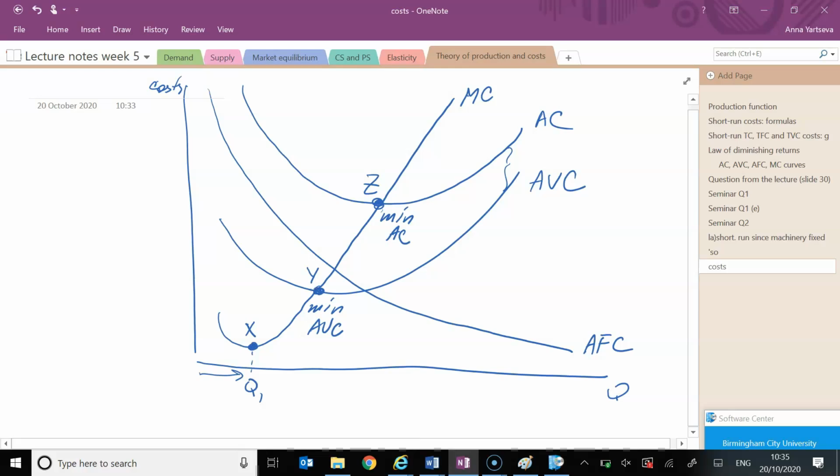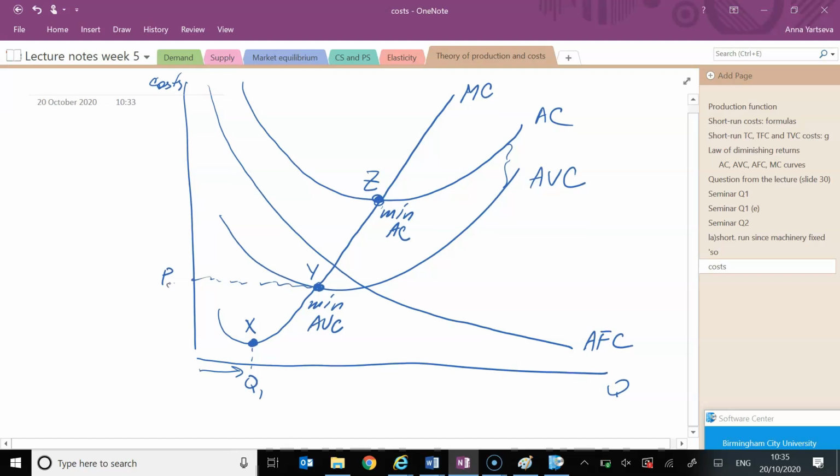Point Y has a meaning too. It's the shutdown point. It tells us that if the price drops below this level, let's call it price PY, we need to shut down production immediately to minimize our losses. And point Z shows the break-even quantity and price. Let's call this QZ, the break-even quantity.